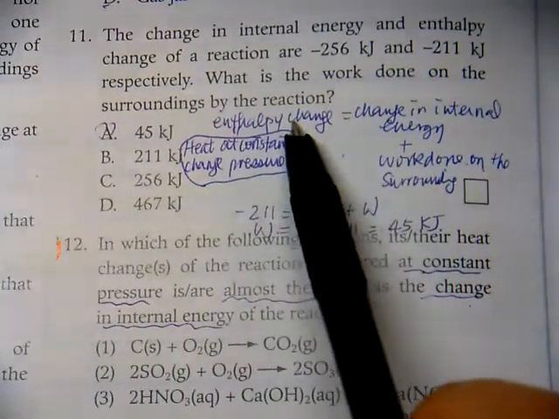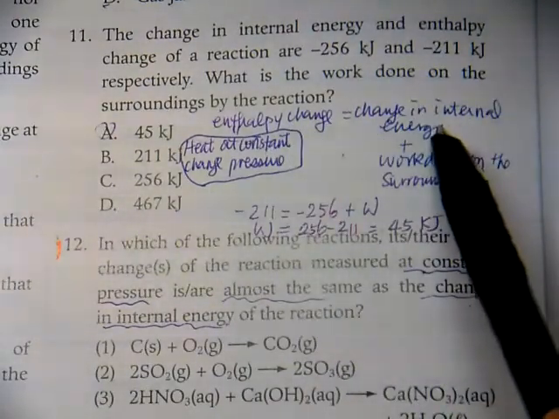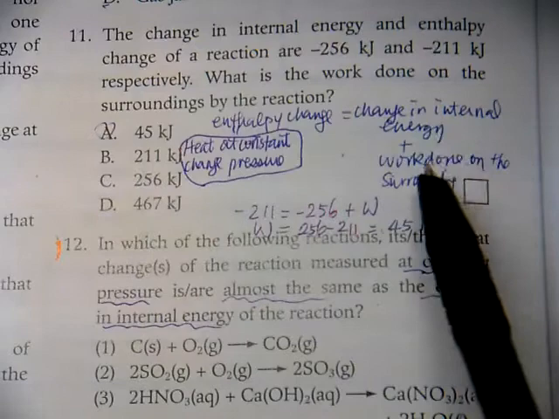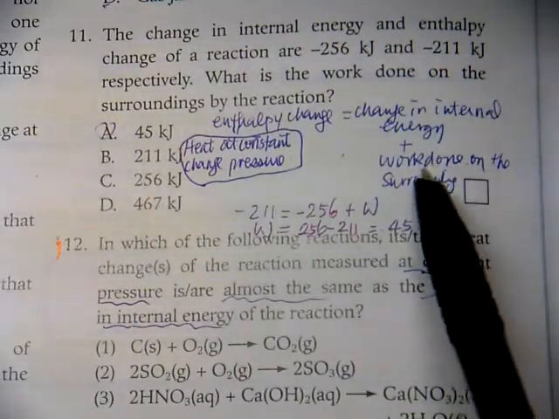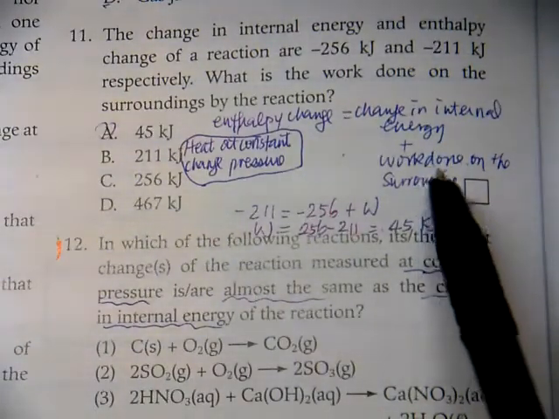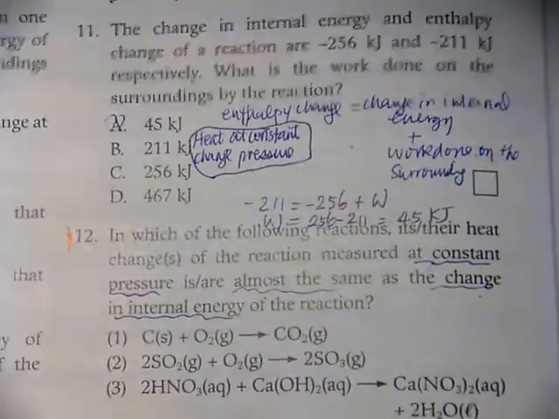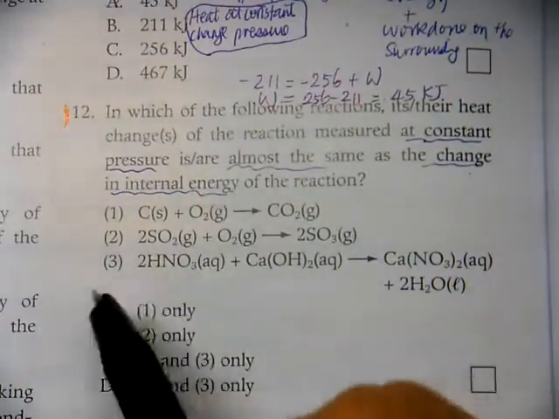If it is approximately equal to the change in internal energy, that means work done should be equal to 0. When will the work done be equal to 0? There is no change in volume of the gaseous.